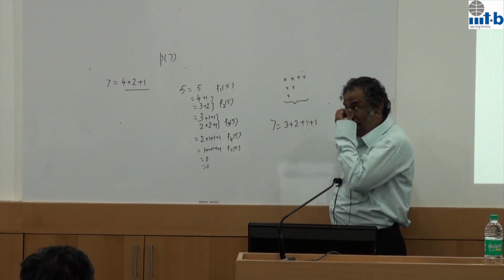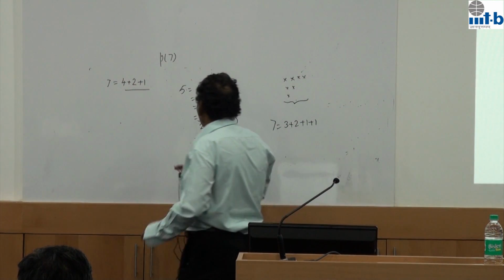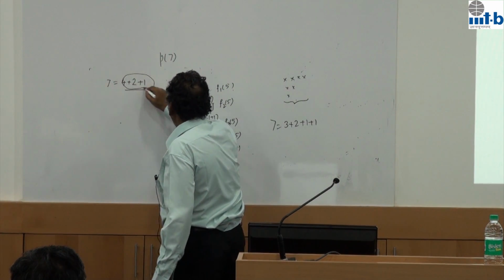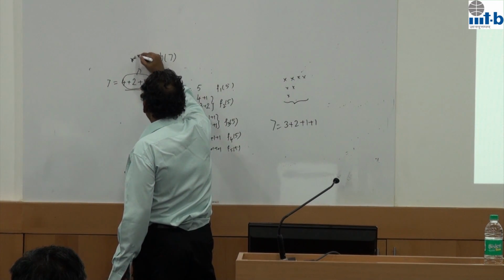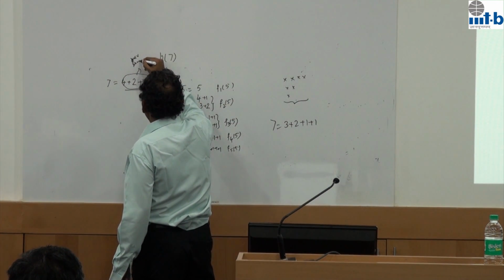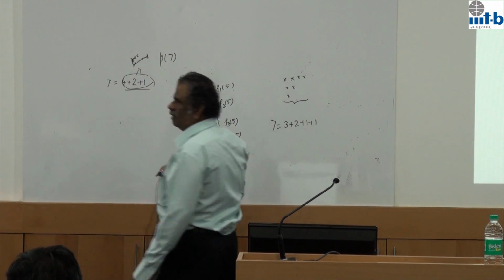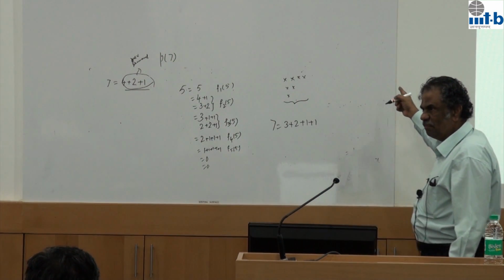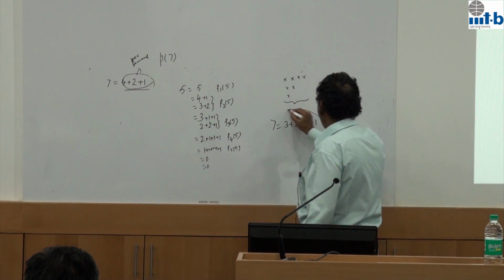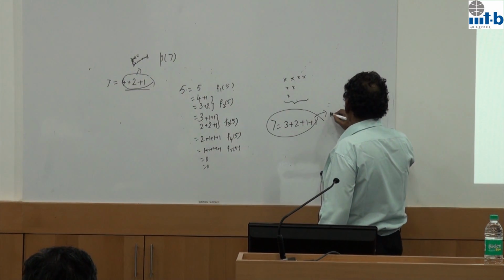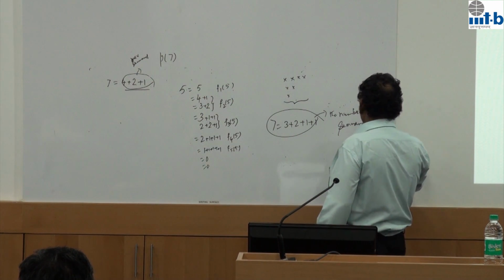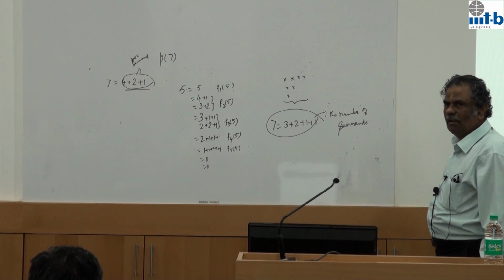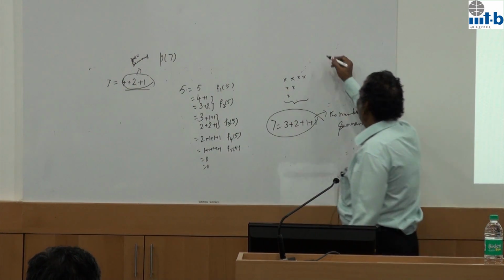Now when you write row by row as 4 plus 2 plus 1, the maximum summand here, which is 4, actually becomes the number of summands when you read column by column.